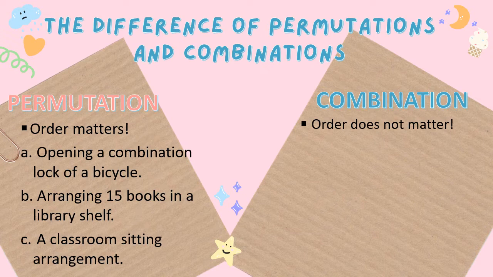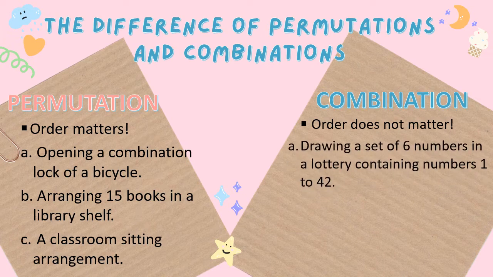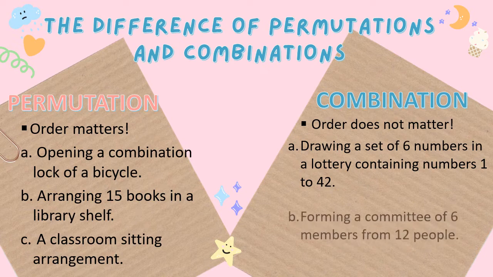How about in combination? Bigay nga kayo ng examples. Ayan, very good. Drawing a set of 6 numbers in a lottery containing numbers 1 to 42. What else? Excellent!